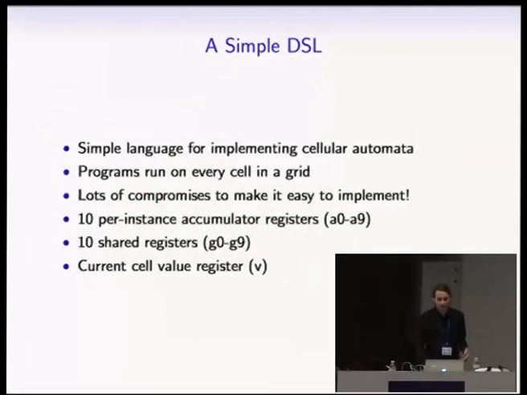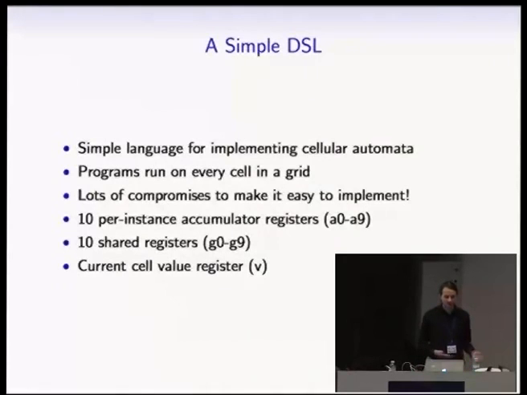Rather than take an existing language, which maybe you'd be familiar with or maybe you wouldn't, I thought I would make up a language for this talk. This is a really simple domain-specific language that is designed for implementing cellular automata.